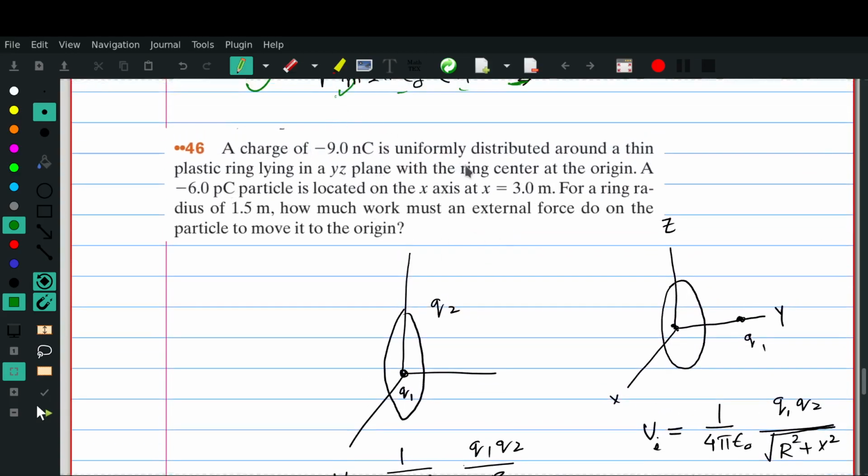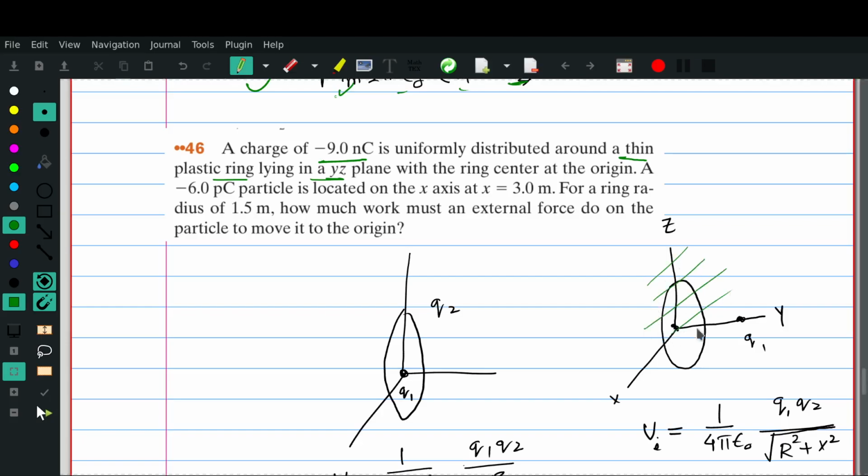A little more interesting problem. A charge of minus 9 nanocoulomb is uniformly distributed around a thin plastic ring lying in the YZ plane. I have tried to draw it, but my drawing is not that good. Think of this circle lying in the YZ plane.